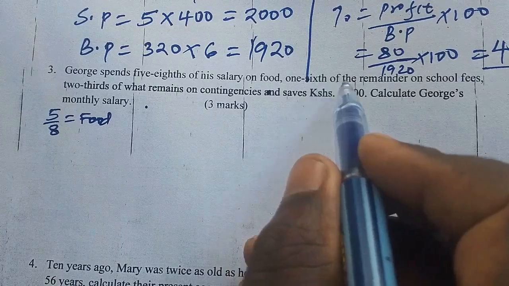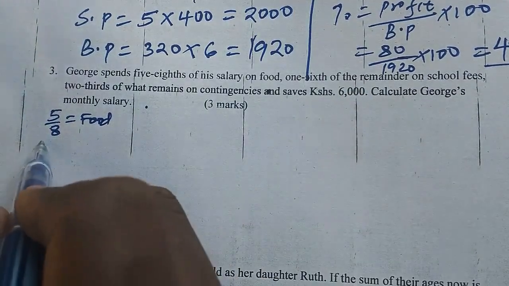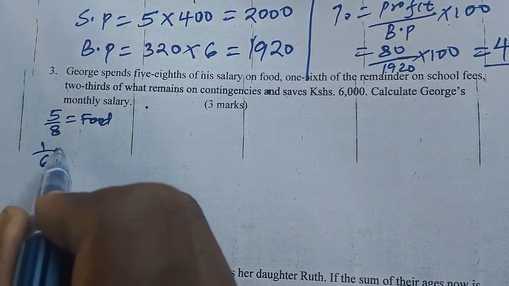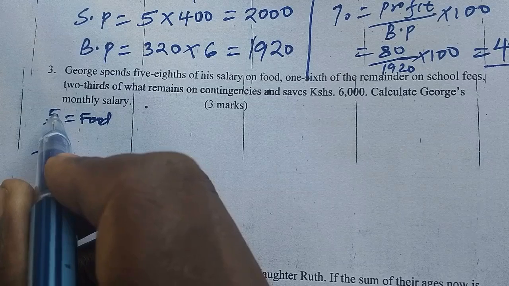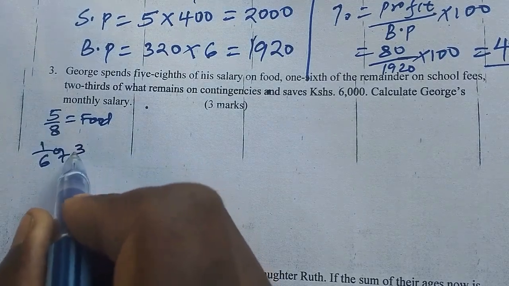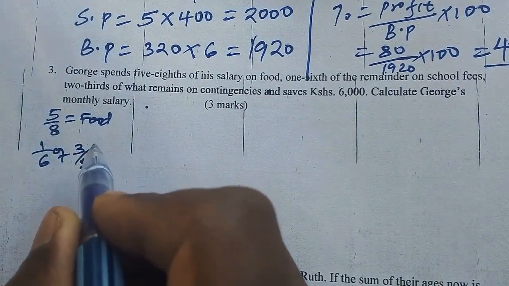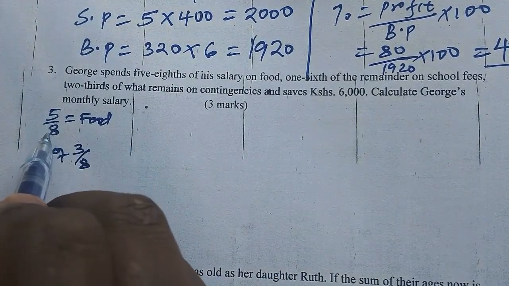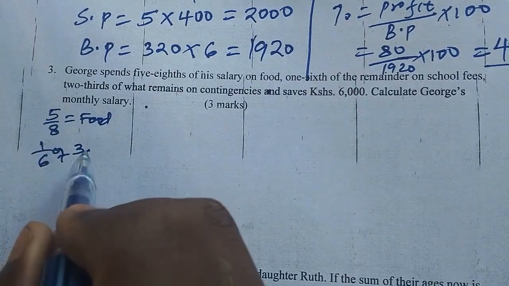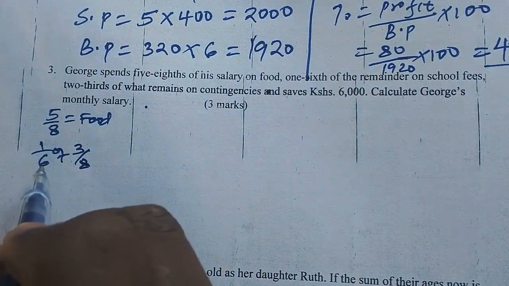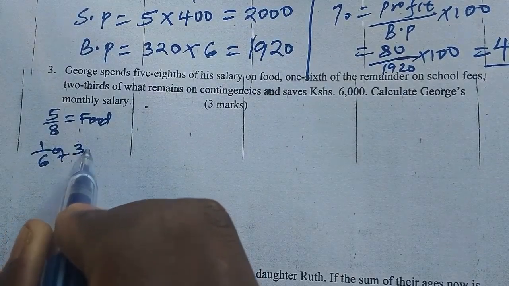1/6 of the remainder. So what remained? This was 8/8 minus 5/8. What remains is 3/8. Remember, the original is 8/8, minus the one spent for food, 5/8. We are going to remain with the 3/8. So it's 1/6 of 3/8. This is the remainder.